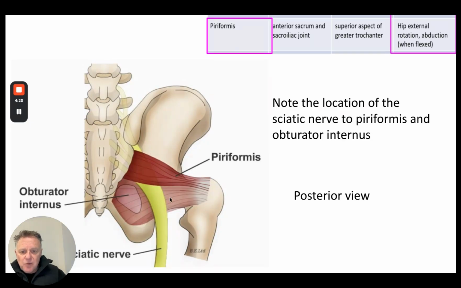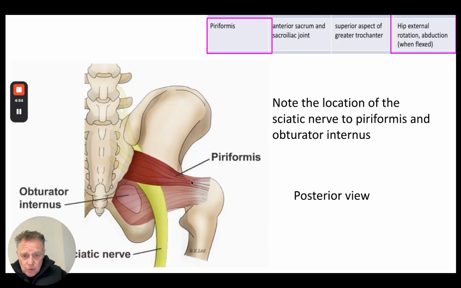I should have done that before, but obturator internus covers the internal aspect of the obturator foramen, and then it moves out onto the greater trochanter. The reason I've included these both is because in between both of these muscles runs the sciatic nerve. I'll say it again, in between both of these muscles runs the sciatic nerve.